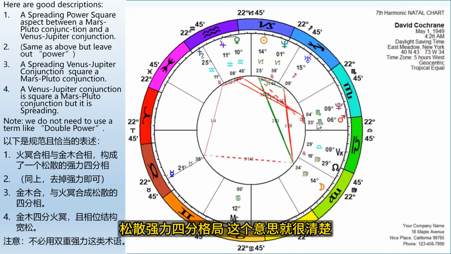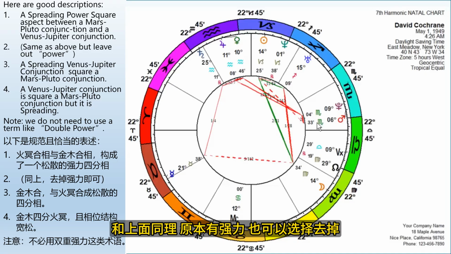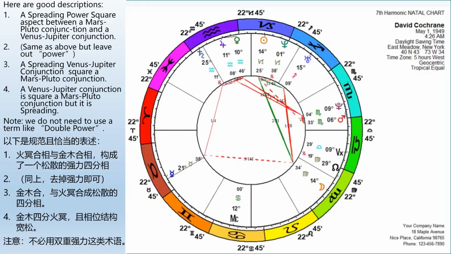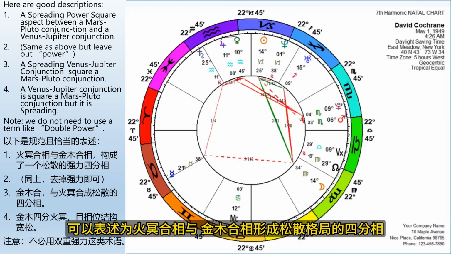You can also add the word power, or, same as above, we already have the word power, so we could remove it. Instead of a spreading power square, you could just say a spreading square between a Mars-Pluto conjunction and a Venus-Jupiter conjunction.